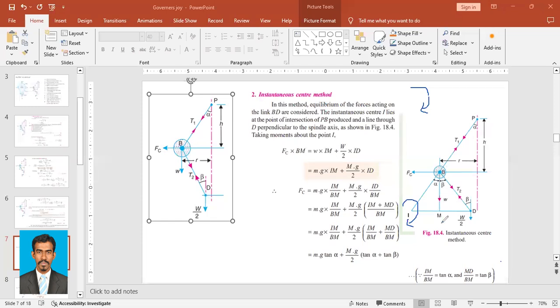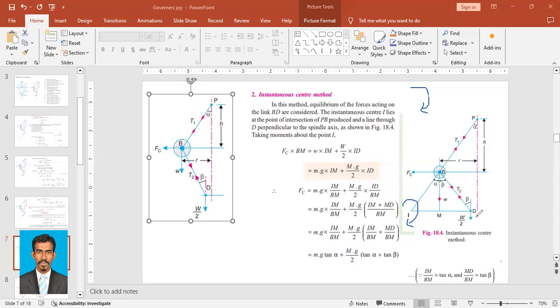Then small w, acting along the force, into the length IM. Plus we have another force, that is capital W.